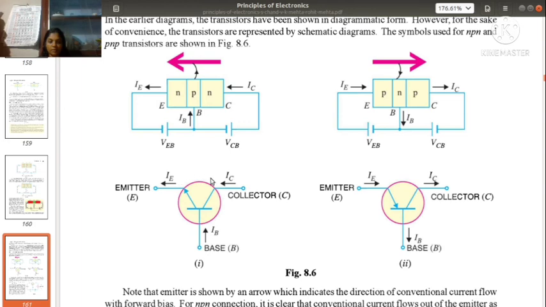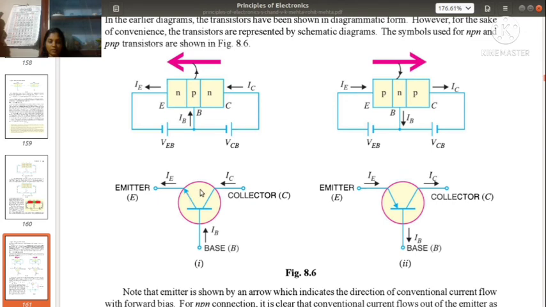You have to identify whether it is an NPN or PNP transistor. It can be identified with this arrow mark. In the NPN transistor, the current is flowing out, so we show an arrowhead outward from the emitter region.